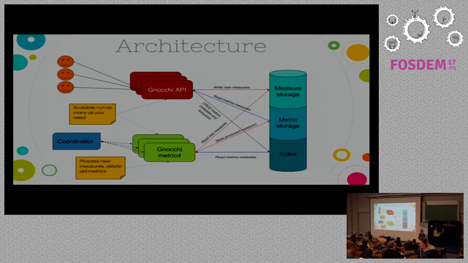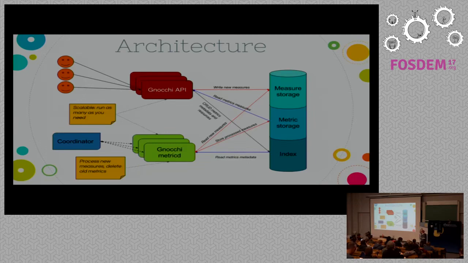So we have 3 different storages, which are 3 different technologies behind. Why? Because, well, they're all different data models. Having everything stored, for example, in SQL will not work. Storing millions of points of timestamps in a table in SQL is not really an option and not really scalable.